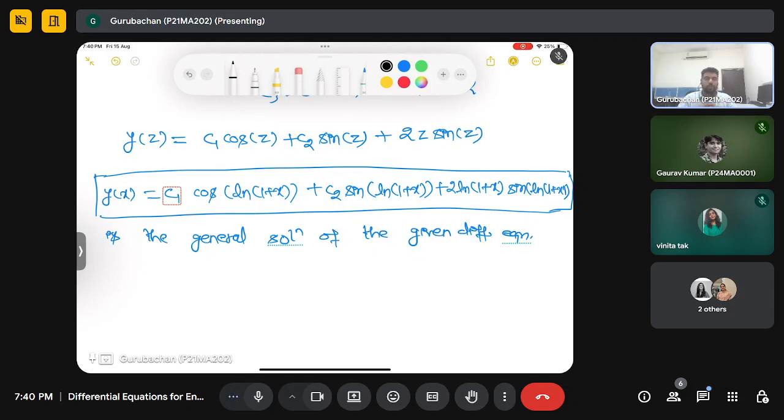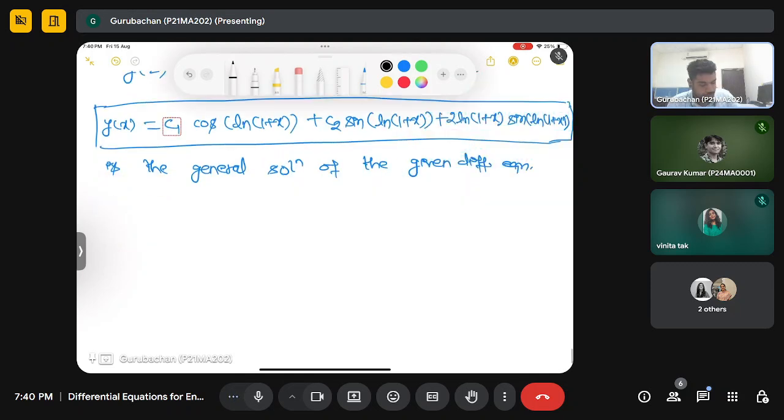In the next few questions, we will deal with non-homogeneous equations with variable coefficients. And as I told you at the start of the class, we will be able to solve those equations only by variation of parameters. In that scenario, this method of undetermined coefficients will not work. Let me write that question.